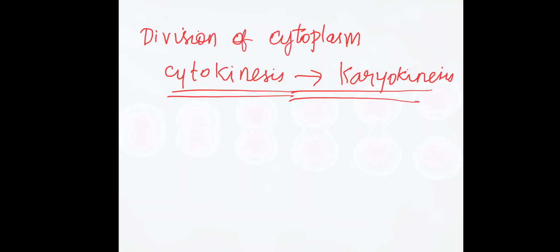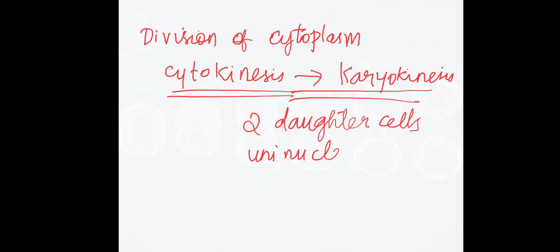In certain organisms, if cytokinesis accompanies karyokinesis, it will form two equal daughter cells, uninucleate. Majority of them form uninucleate cells, meaning a single cell with a single nucleus.